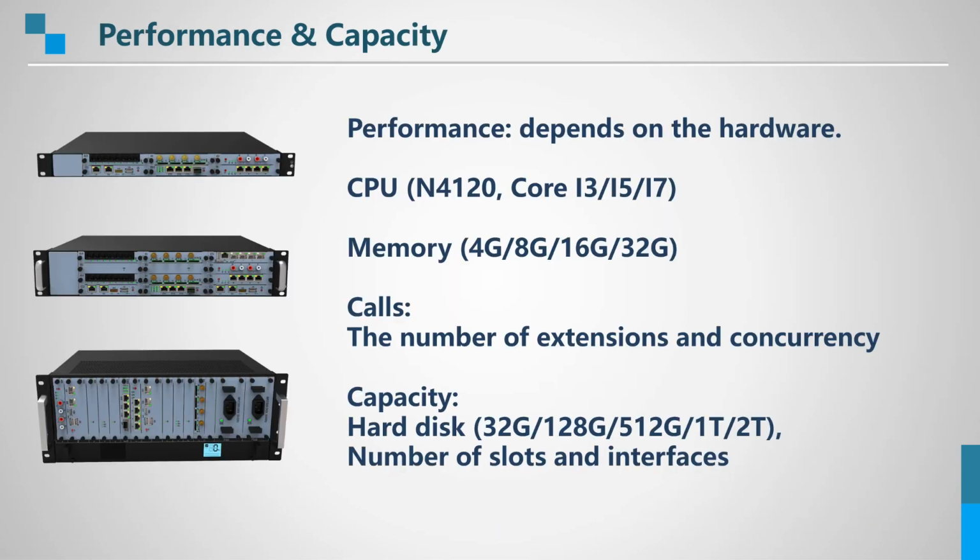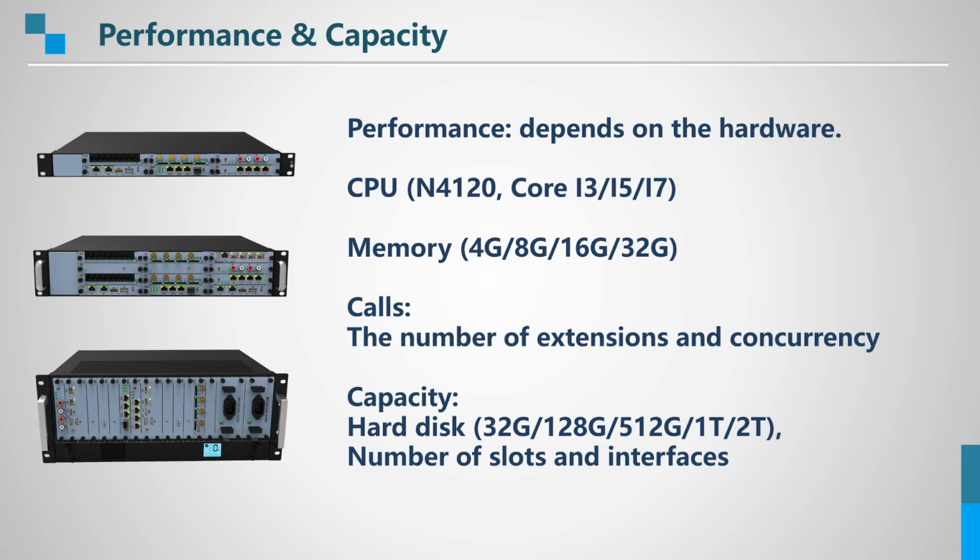The performance of UCP depends on its hardware configuration. We provide a variety of CPU options, such as N4120, Core i3, i5, i7, to meet the performance demands of different users. In terms of memory, it supports capacities ranging from 4G to 32G, allowing for customization based on actual application scenarios.